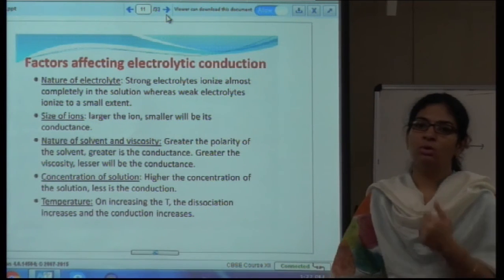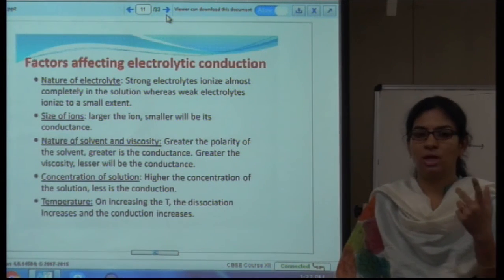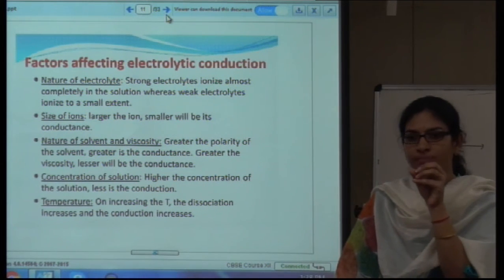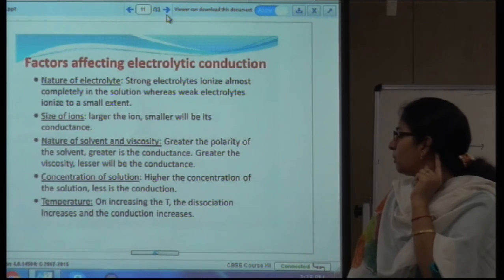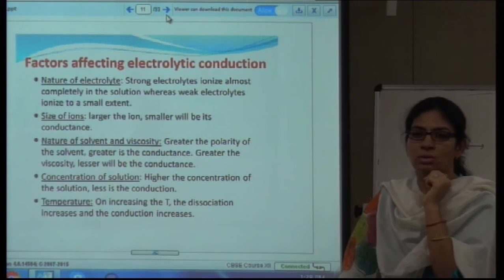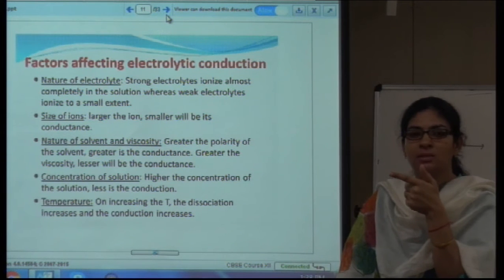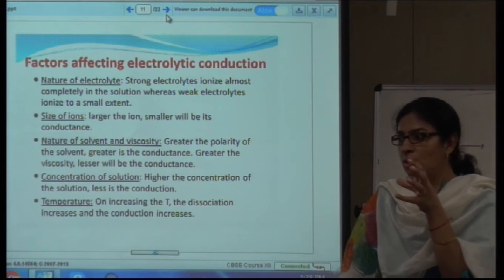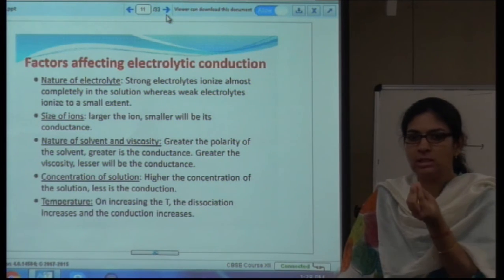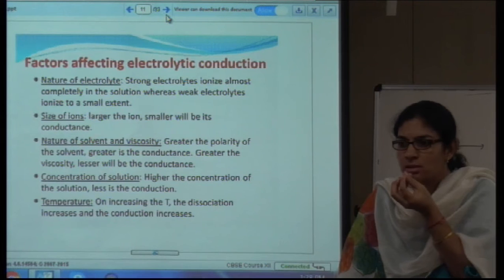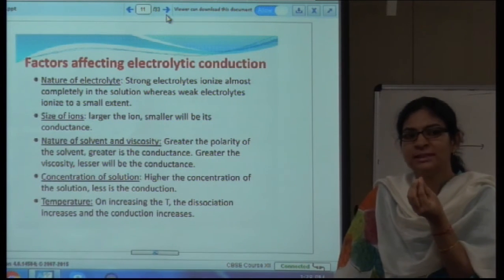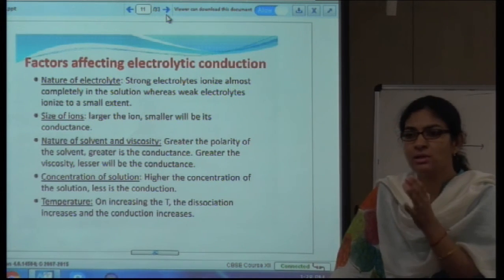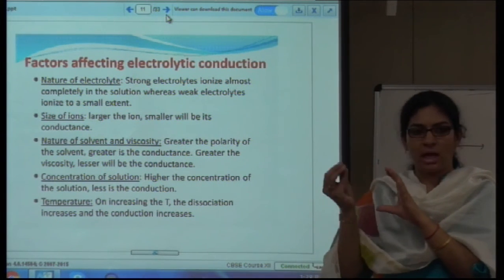Moreover, there is one more phenomenon, which I've not written here, but you should also take into consideration: size as well as degree of hydrolyzation. If the size of the cation is very, very small, it also has a tendency to get hydrolyzed. Hydrolyzed means solvent molecules are also associated.